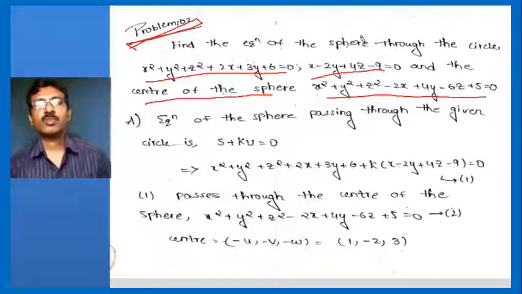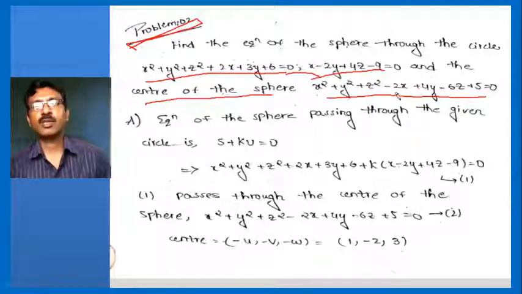So our required sphere passes through the circle and also the center of the sphere. Instead of a point in the previous problem, we replace the point by the center of the sphere, that is 1, minus 2, minus 3.